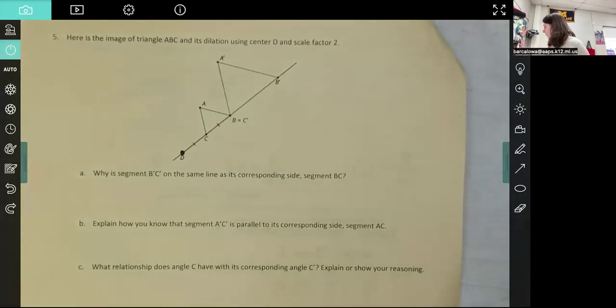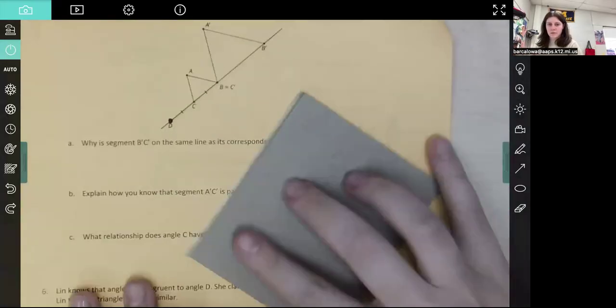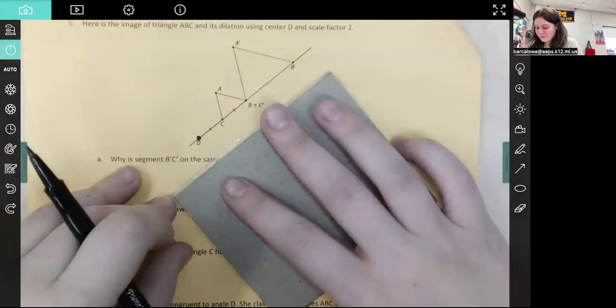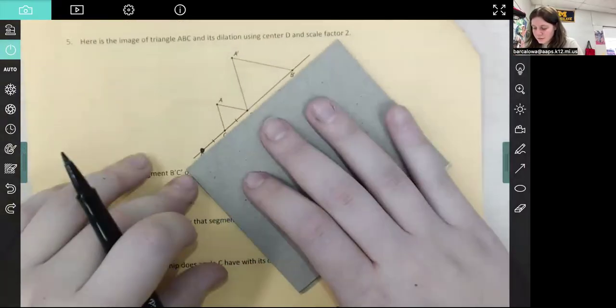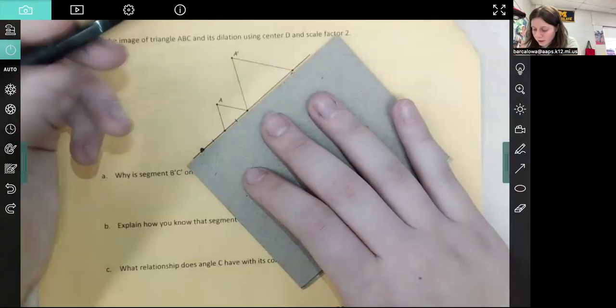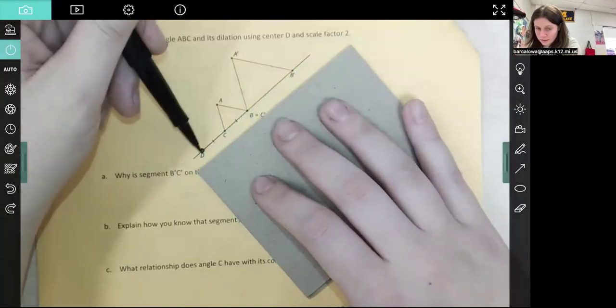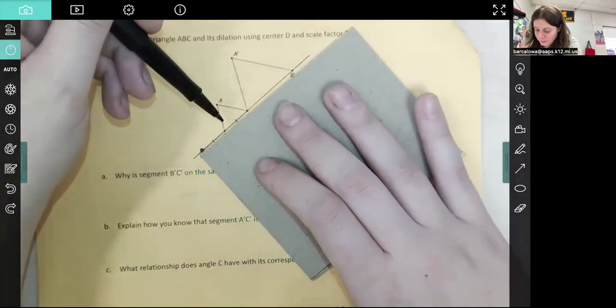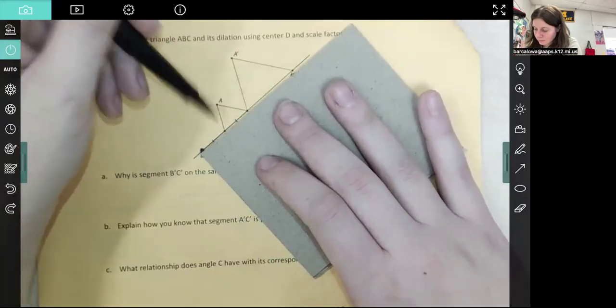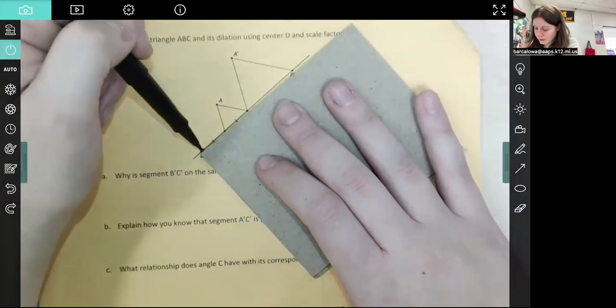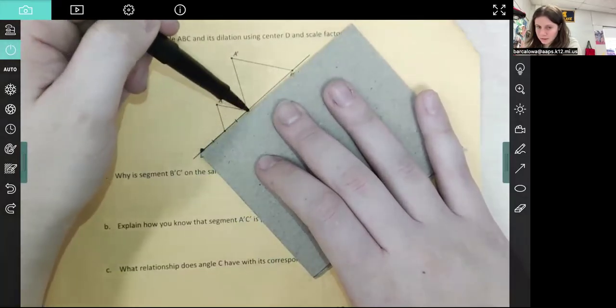When we do dilations, I don't have a ruler handy, so I'm just gonna use this. When we do dilations, we want to mark along the same line. Okay, here's DC. So I would measure, multiply by 2 for my scale factor, and mark along that same line.